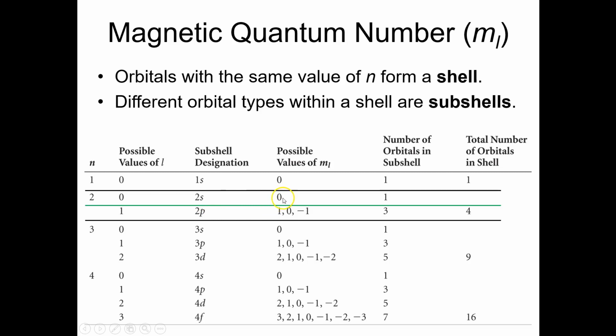An s subshell can only ever have one orbital because there's only one possible value of m sub l when L is equal to 0. A p subshell will always have 3 orbitals. And so in this case, the n equals 2 shell has 1 orbital in the 2s subshell, 3 orbitals in the 2p subshell, for a total of 4.